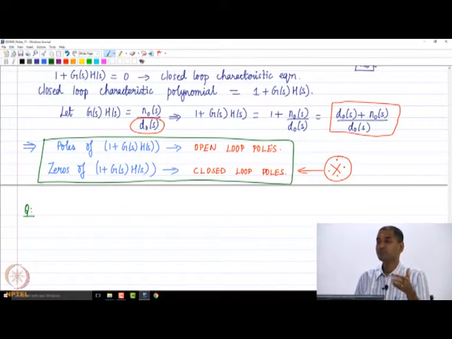Now, the question that we are going to ask ourselves, the answer to which would be provided by the Nyquist stability criterion, is the following.